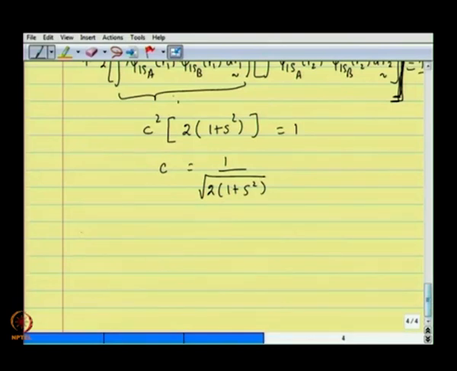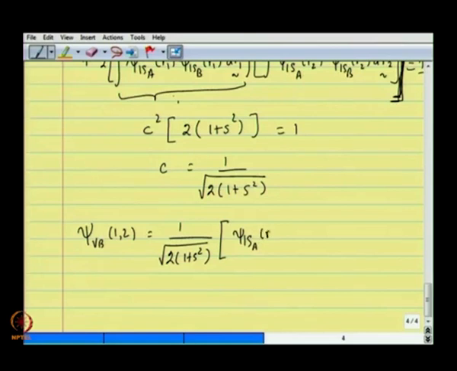So what we have therefore is the wave function psi vb of 1 2 is 1 by square root of 2 into 1 plus s squared times psi 1s a r1 psi 1s b r2 plus psi 1s a r2 psi 1s b r1.